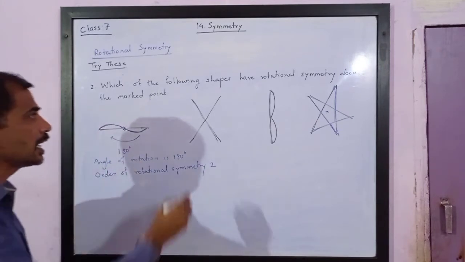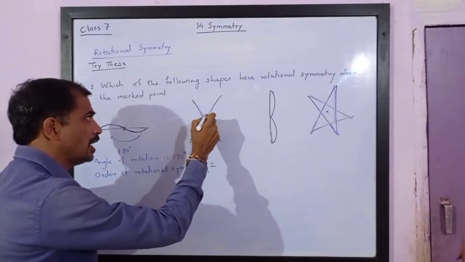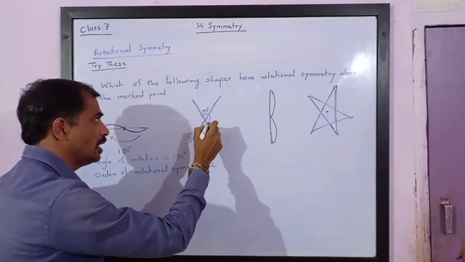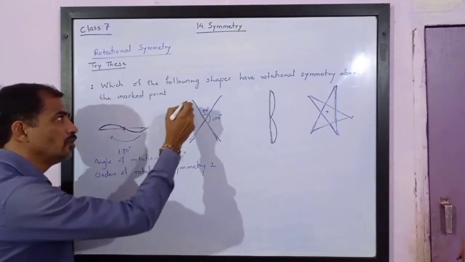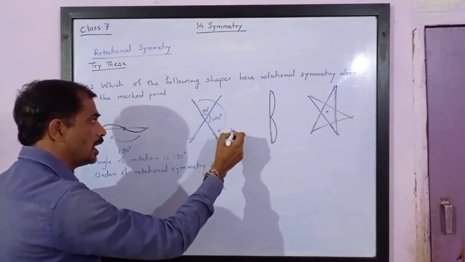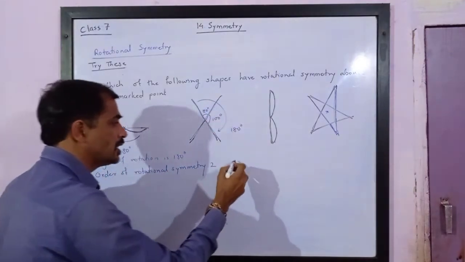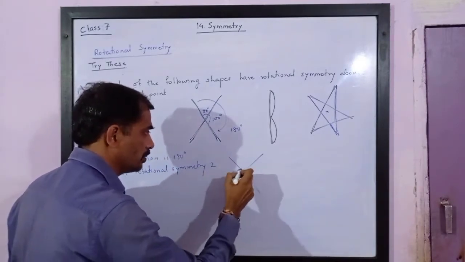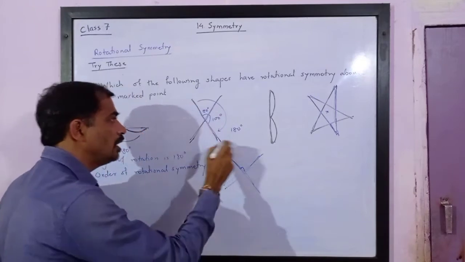Now see the second figure. Here, if the angle is 80 degrees and this angle is 100 degrees, then you will notice that after rotating through 180 degrees, you will get the same position. Please note, if this is 90 degrees, then you have to rotate only by 90 degrees.